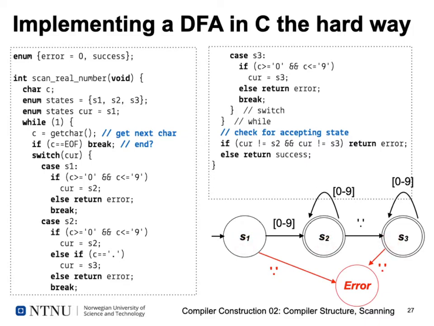So if we're in S1, we now implement the transition to another state in the automaton. If we're in state S1 here and our character is between 0 and 9 inclusively, which is our transition here, we'll set our current state, so the state our machine should take in the following step, to S2, which is our transition here. If there's something else that we read in S1, we can immediately return an error.